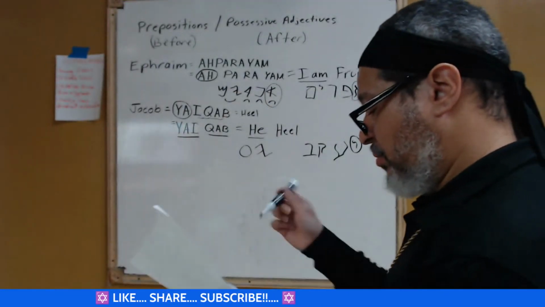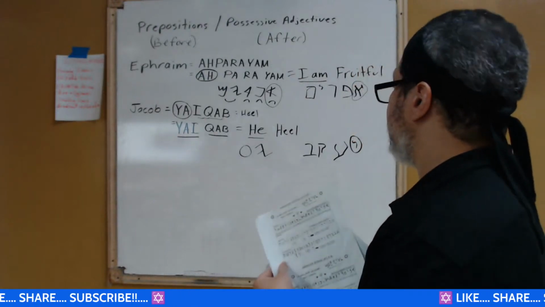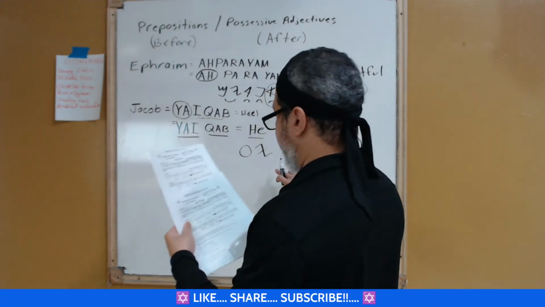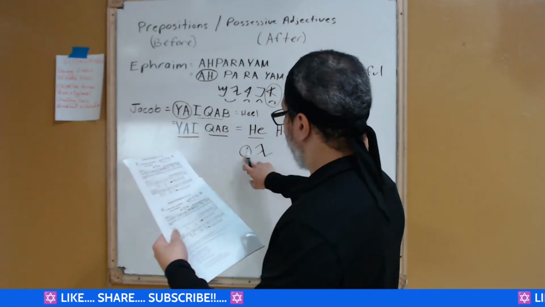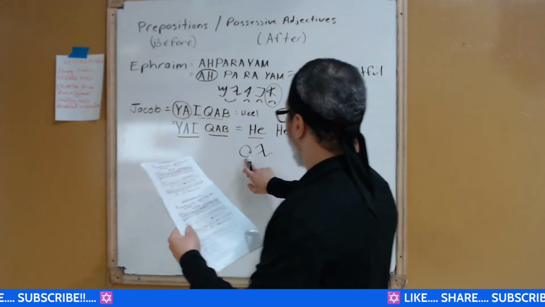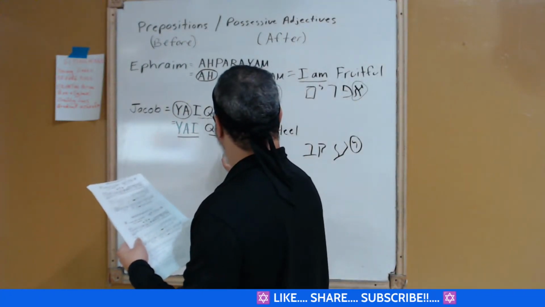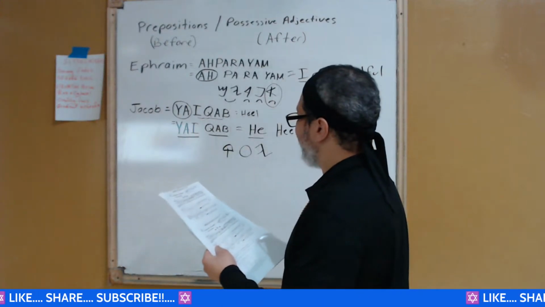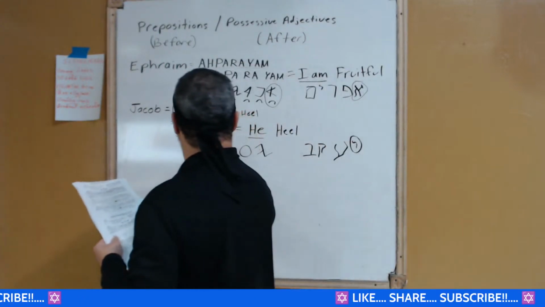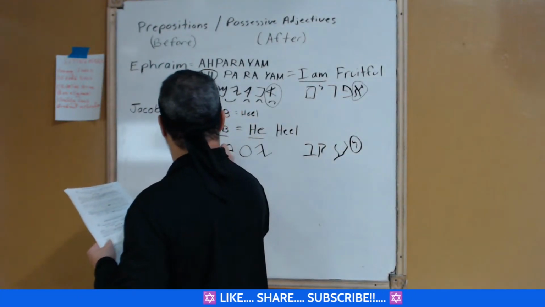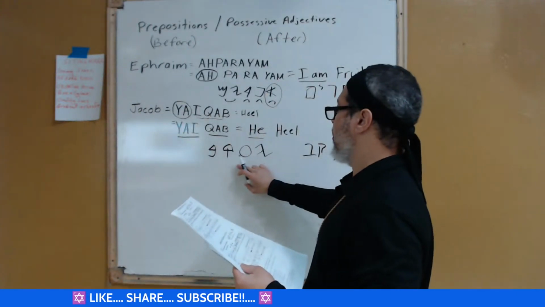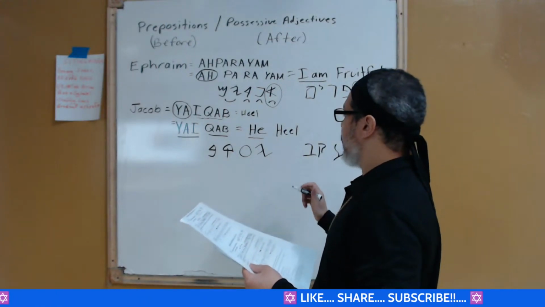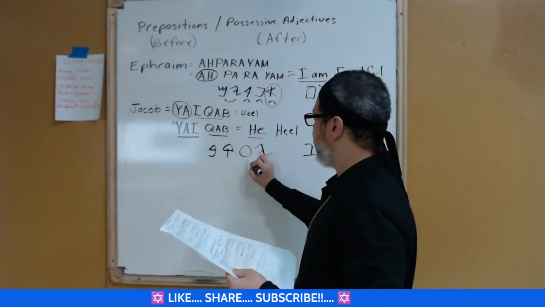So let's see if we can figure this out on the fly here. Yah, that's the Yah sound. I, that's a circle. Qua, that would be that sunrise symbol. Yah, qua, and then the B, the ba. Yai, qua. Now, how do we know it's actually pronounced that way? It's because of our connectors.